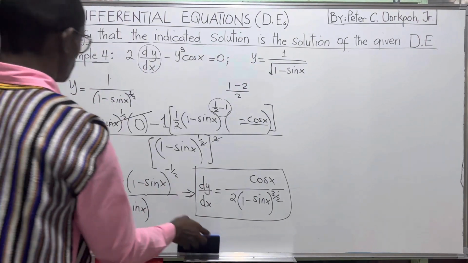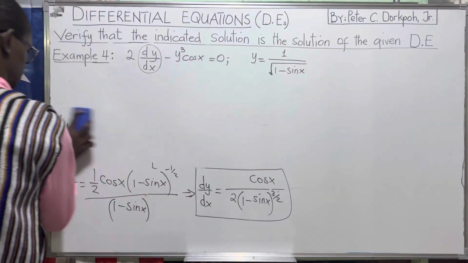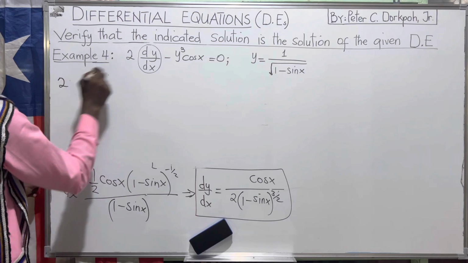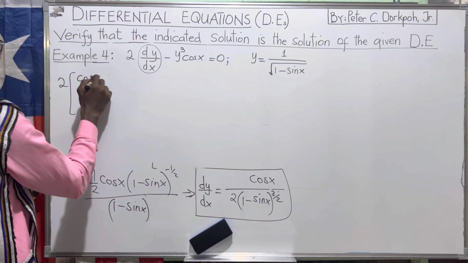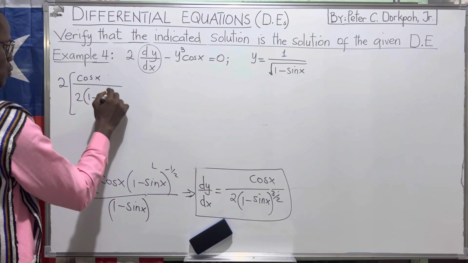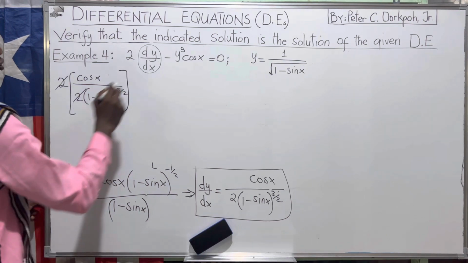So we go back now in the problem and just put it in. So this first derivative now is this one. It's cos of x all over 2, 1 minus sine of x raised to the power 3 over 2. So this 2 cancels this 2.